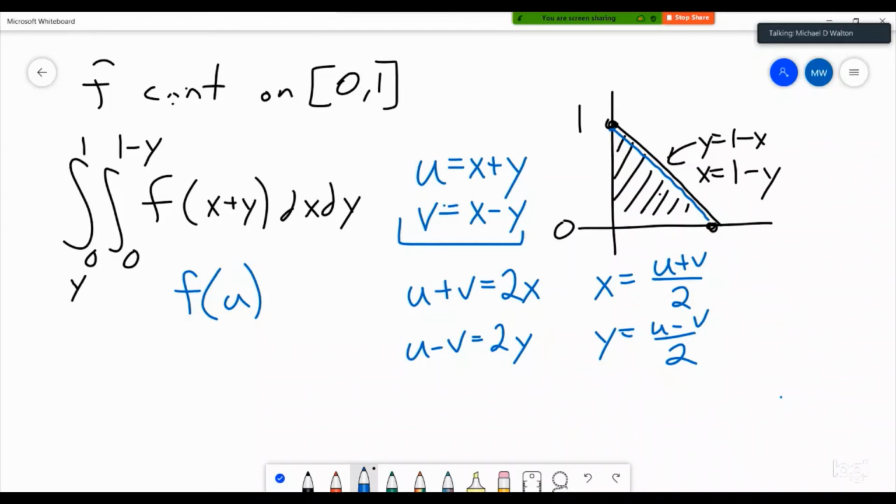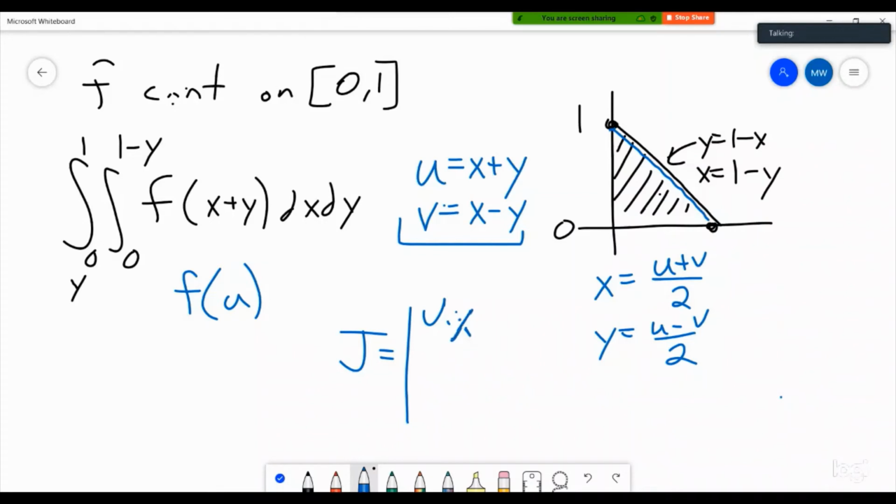Now that we have what x and y are in terms of u and v, we can put those into a matrix to figure out the Jacobian. If we take the determinant of that, that's going to give us what we will replace dx dy with.